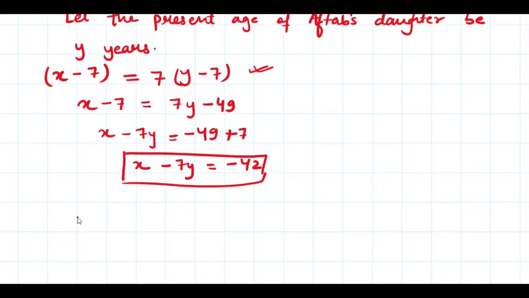So after 3 years, his age will be x plus 3 years. Now present age of Aftab's daughter is y, and after 3 years, his daughter's age will be y plus 3 years. And Aftab says that after 3 years, his age is 3 times that of his daughter. So we get x plus 3 is equal to 3 times y plus 3.